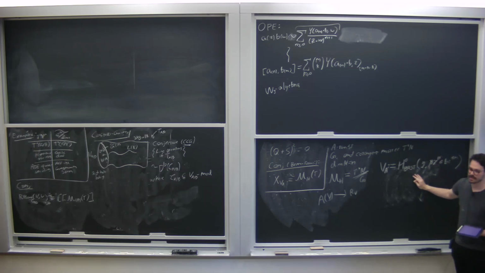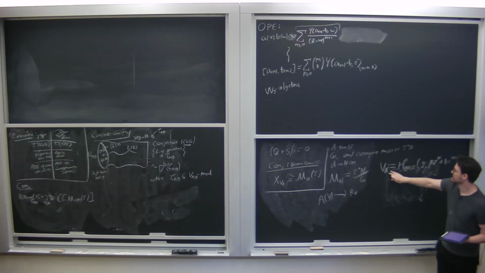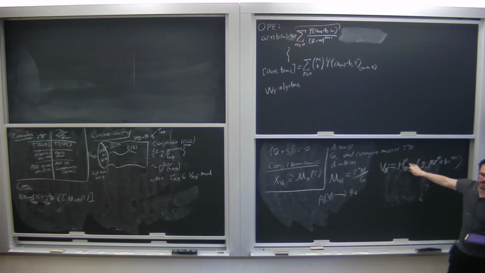And in fact, you can think of this as a relative semi-infinite cohomology if you're familiar with that language. And it should also be noted, at least in the abelian case, you can prove that the BRST cohomology vanishes in other degrees. But I could just put the full thing here if I wanted.